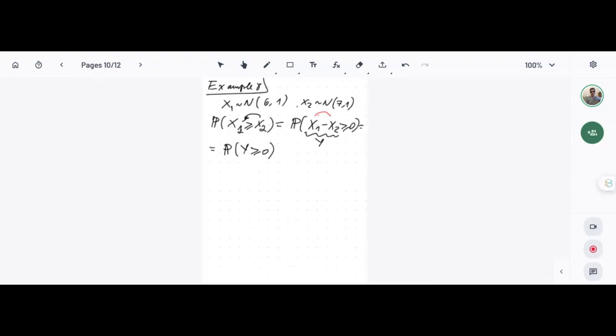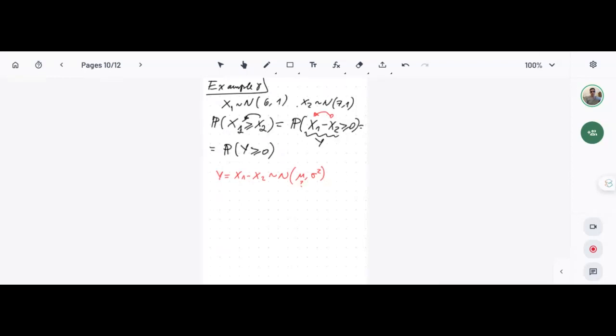So x1 is normal, x2 is also normal. So their difference, which is a linear combination of the two, should also be normal. I'm sure of that. But now let's find the mean and the variance.